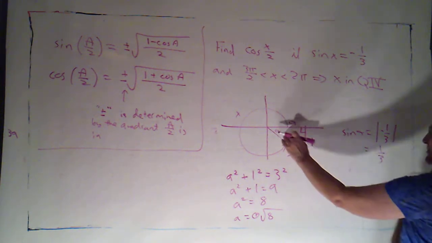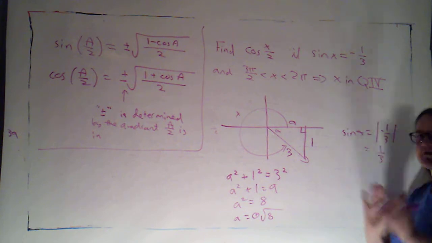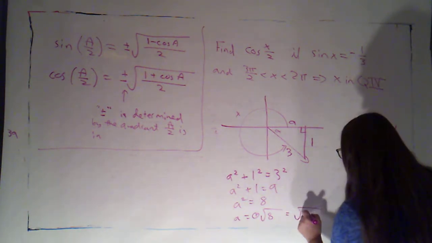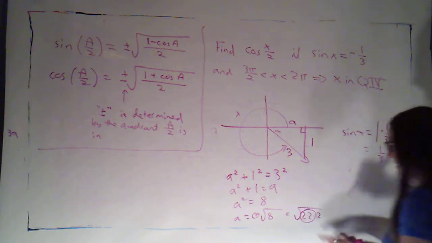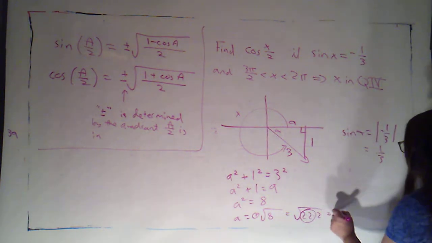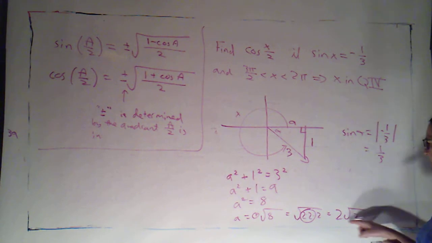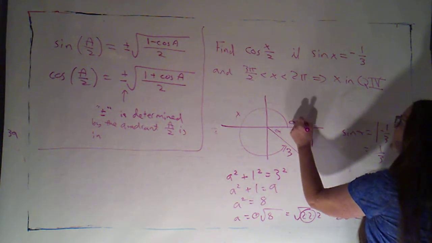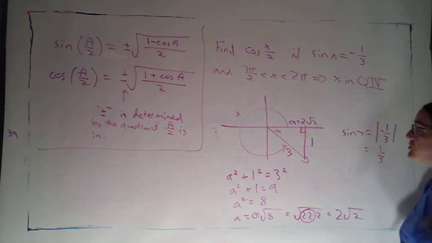I always label my triangles for alpha so that everything is positive. The square root of 8 is the square root of 2 times 2 times 2. That pair of 2's I can write as 2 squared, so it simplifies to 2 root 2. So the adjacent side is 2 root 2.